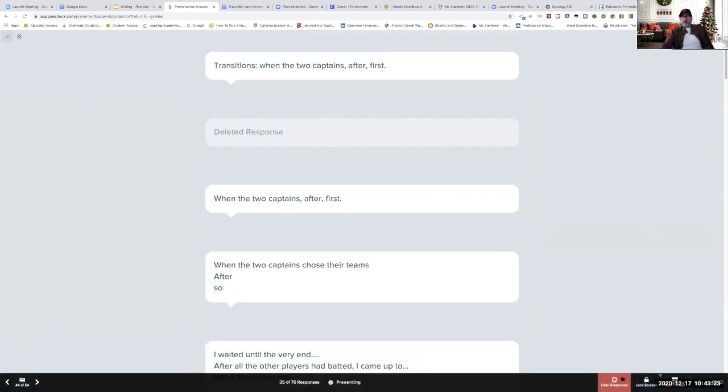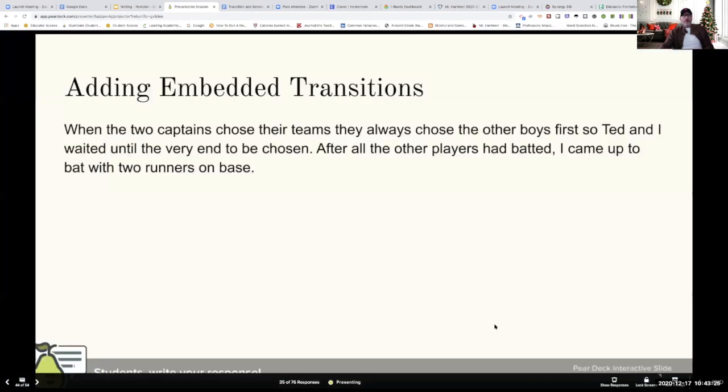All right, let's go ahead and take a look. For this particular passage, we're looking at "when." When the two captains chose their teams, they always chose the other boys first. So Ted and I waited until the very end to be chosen. So "when" is the first.